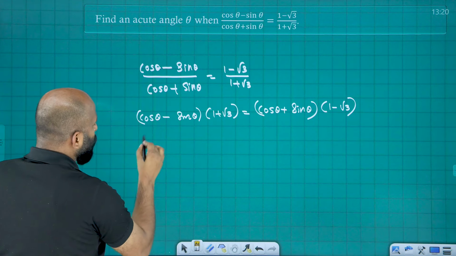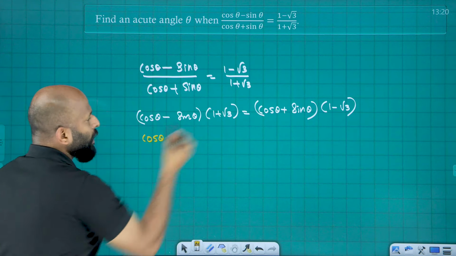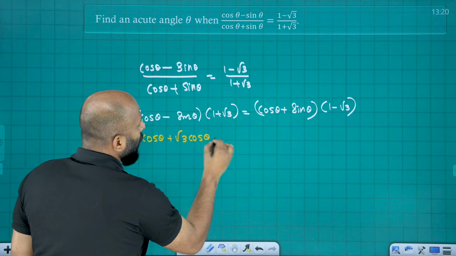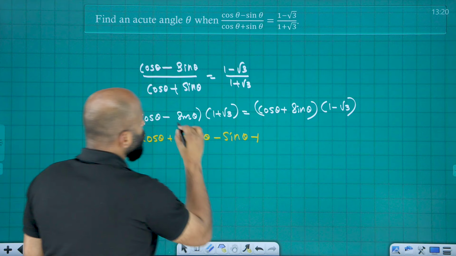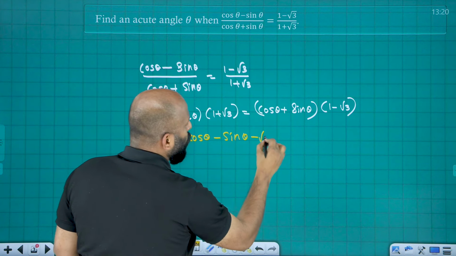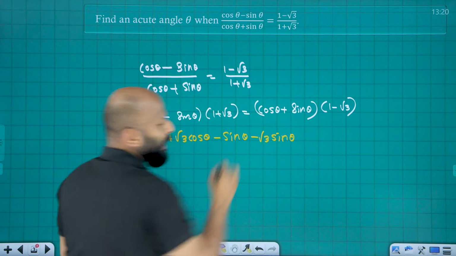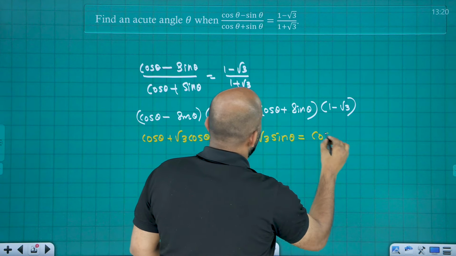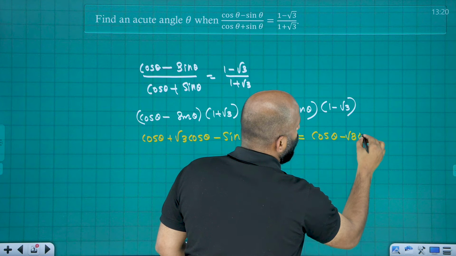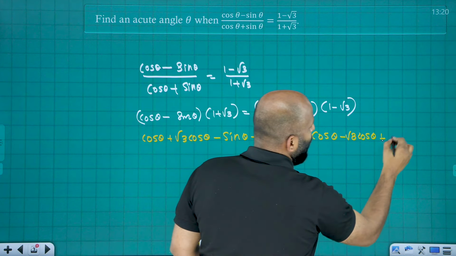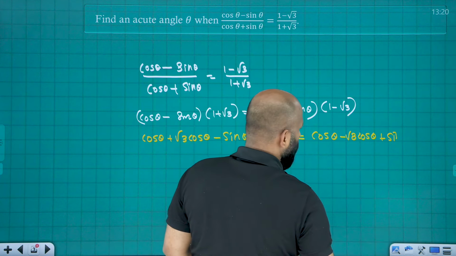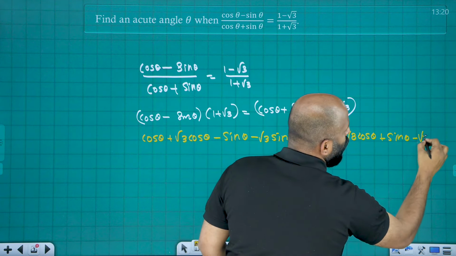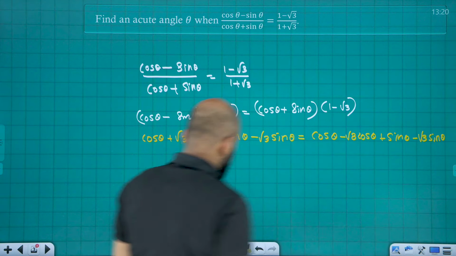Cos theta into 1 is cos theta, cos theta into root 3 is root 3 cos theta, minus sin theta, minus root 3 sin theta, which is equal to cos theta minus root 3 cos theta, plus sin theta, minus root 3 sin theta.